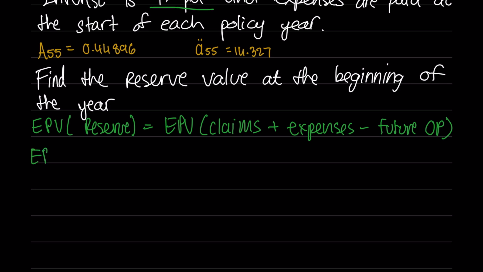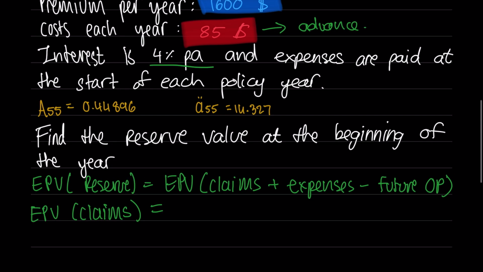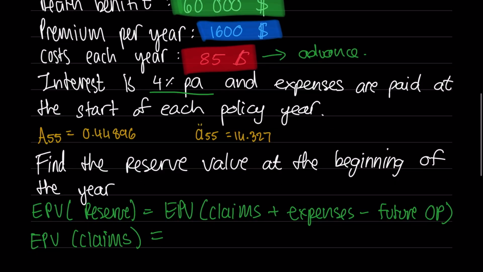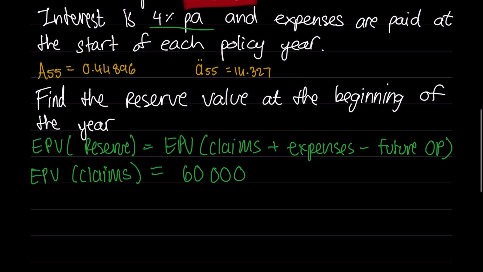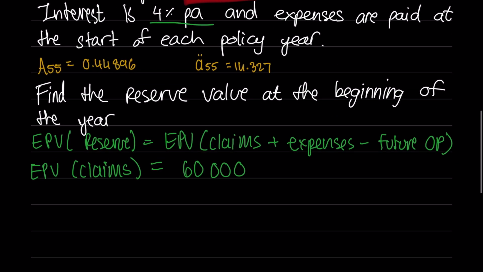We'll start with the expected present value of the claims. So there's going to be one claim of 60,000. The amount is 60,000, and now we must remember our contingencies notation. For this one, we're using the capital A 55 because this person is 55 now.